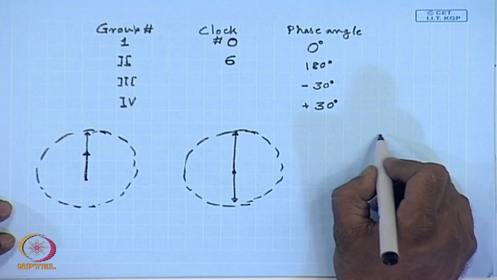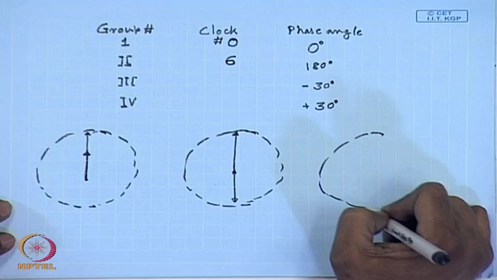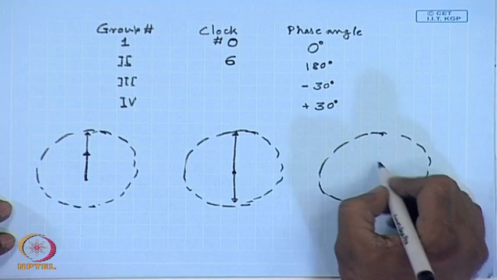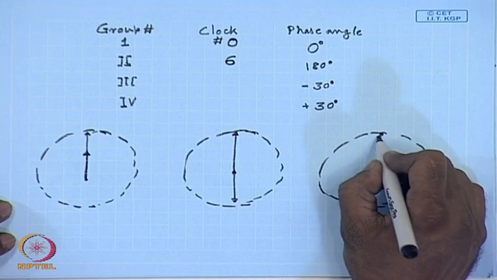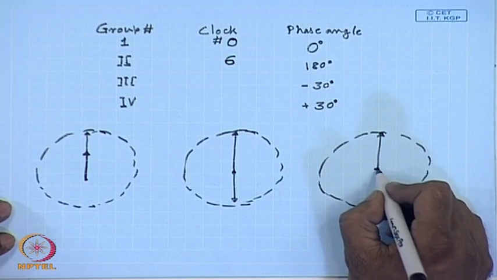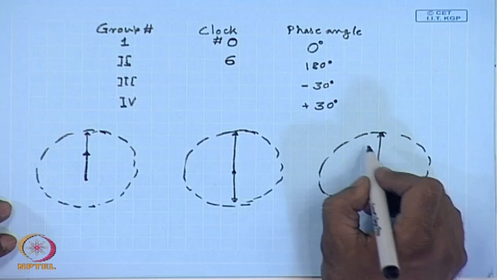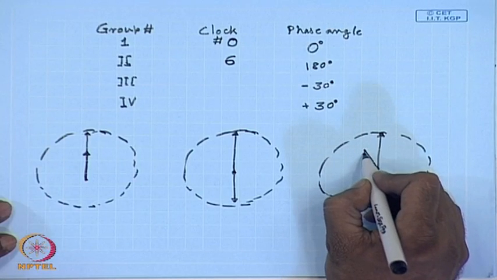For minus 30 degree, this is the hour hand, this is the minute hand representing the high voltage side line to neutral phasor, and this is the low voltage side line to neutral phasor.